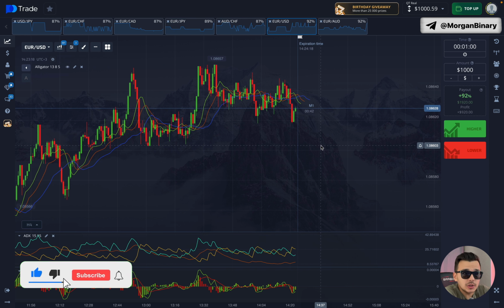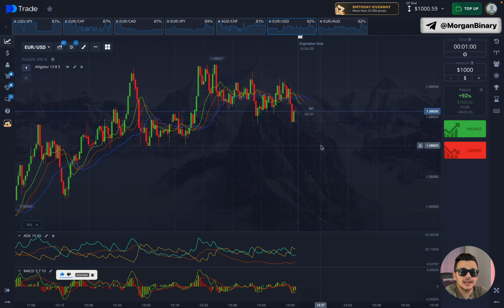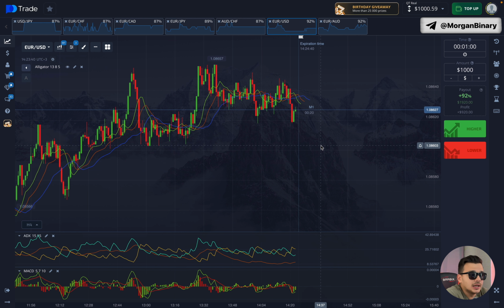All currency pairs with the most optimal character of movement for today's trading I have already analyzed and selected. Today we have the following selection of analysis indicators. It will include Alligator with default settings, ADX oscillator with period 15, and also MACD oscillator with periods 5, 7 and 10. Today we will be guided exclusively by the trend.